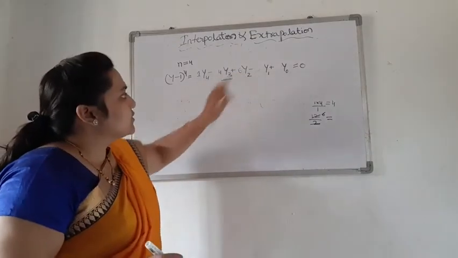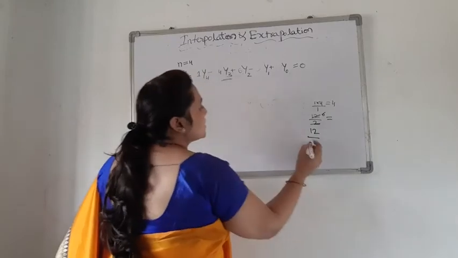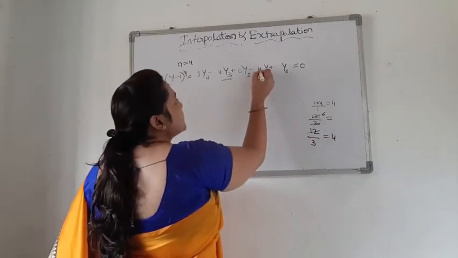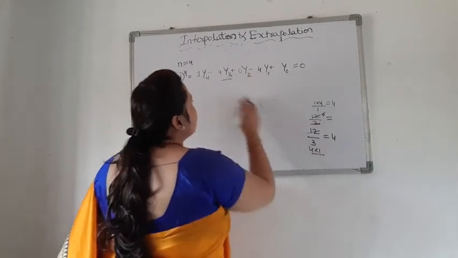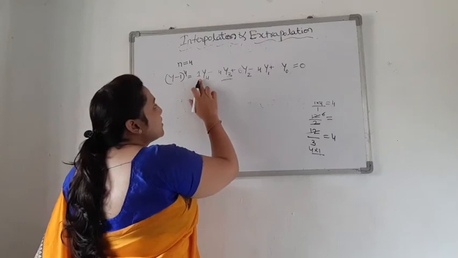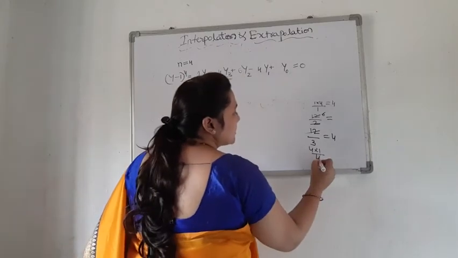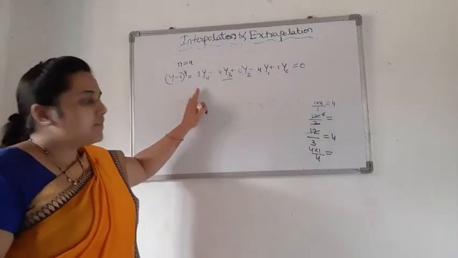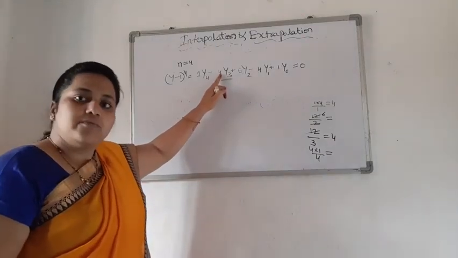Next, 6 2s are 12. 12 divided by the third sequential order, 3, is 4. This 4 is assigned here. 4 1s are 4. 4 divided by the fourth order, first, second, third, fourth, is 4 divided by 4, which is 1. In this way we assign the numerical coefficients of y.